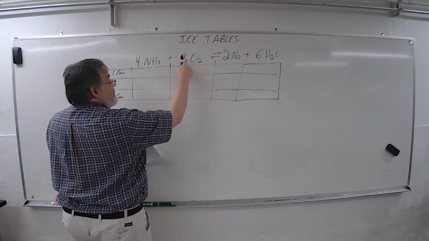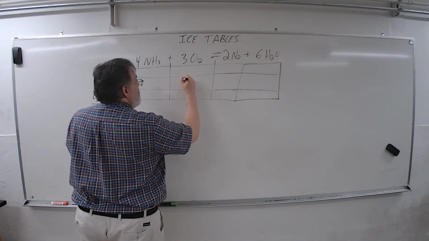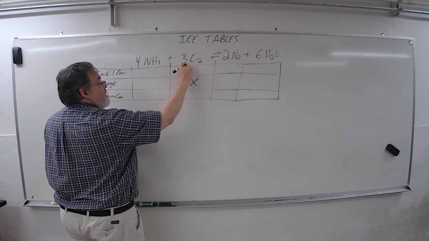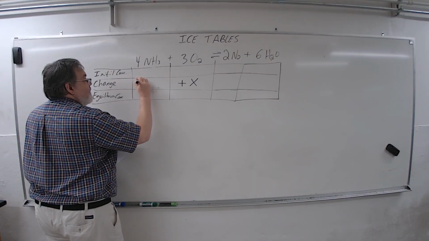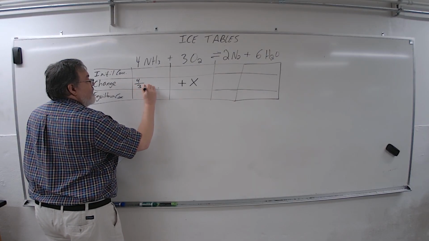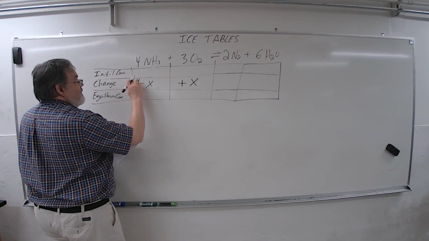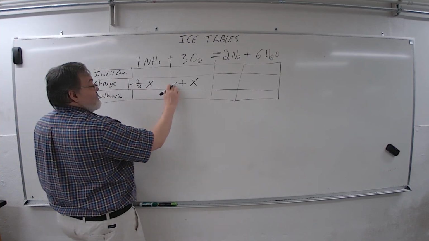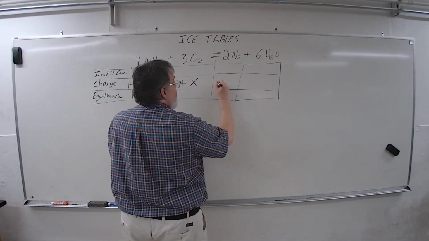If I say this one is plus X, since there's a 3 there, this one is going to be 4/3 X, plus 4/3 X, plus X. These are going to be minus.